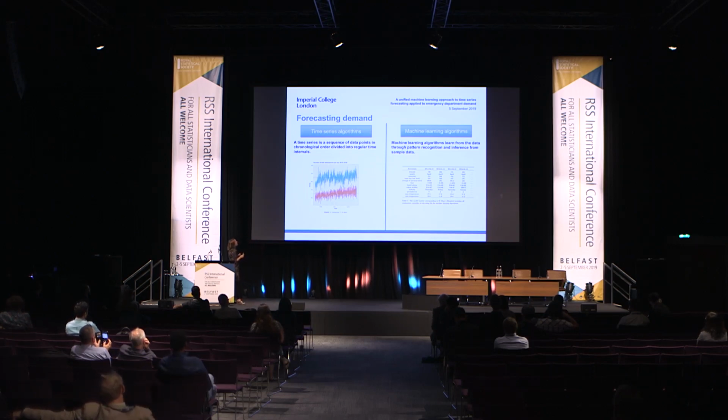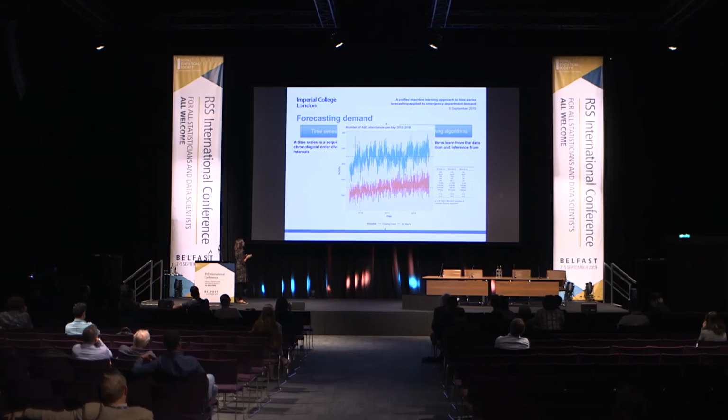A time series is a sequence of data points in chronological order divided into regular time intervals. So you've got dates, you've got your demand, and then you're specifying a time interval that relates to your data. For example, in our case, we've chosen a week because there's high dependence on lag values of 7 days. The same weekdays are very much correlated.